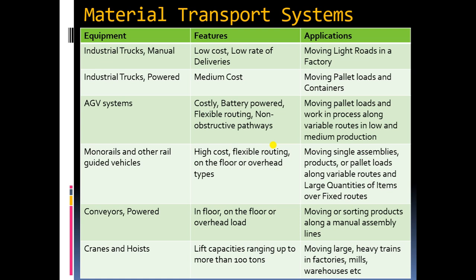The type of transport system that needs to be selected. So we can see which equipment there is and what the applications are. Industrial trucks are manually driven. They have low cost and a low rate of deliveries. Obviously, there is human interference.